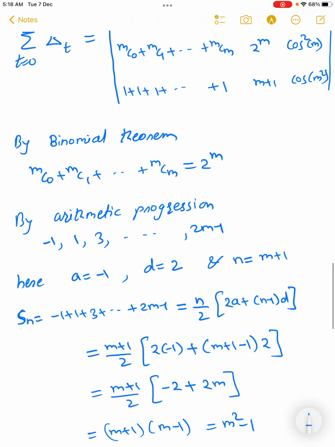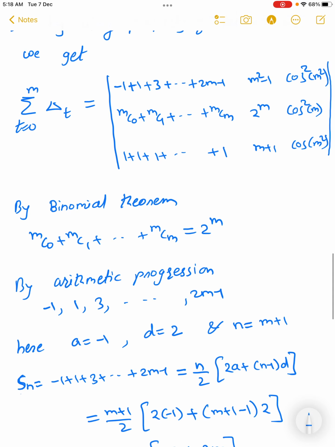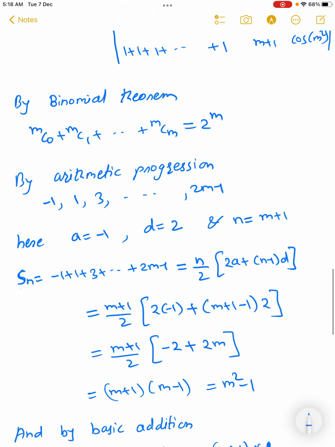Using the binomial theorem, the second term of the first column is 2 raised to m. By arithmetic progression we have minus 1, 1, 3, up to 2m minus 1. Here the first term is minus 1, the difference is 2, and we have m plus 1 terms, because we need to add from 0 to m.